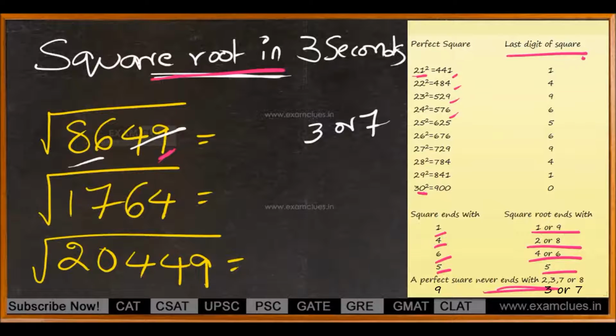The highest square just less than 86 is 9 squared, so the answer should be 93 or 97. The trick to identify which one is just to multiply 9 with 10. You get 90. If this is more than the remaining number, the answer should be 93, the smaller number. So the answer is 93 here.